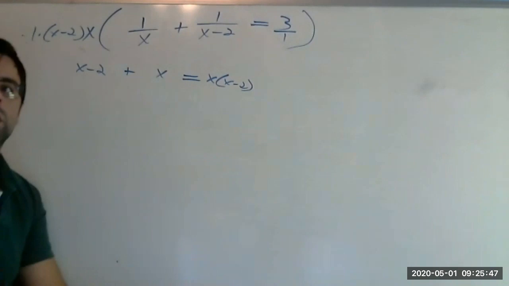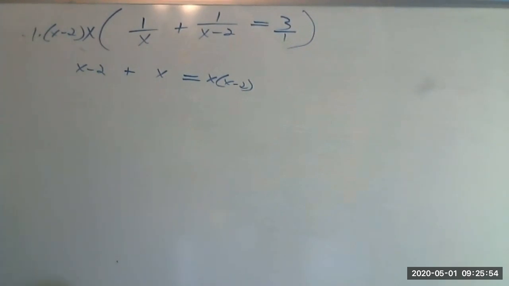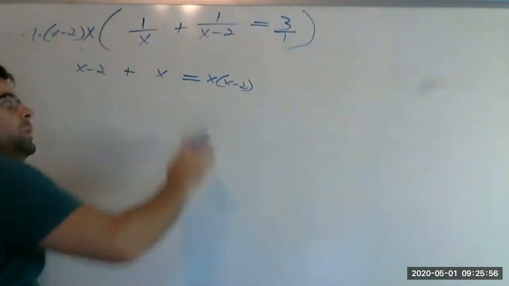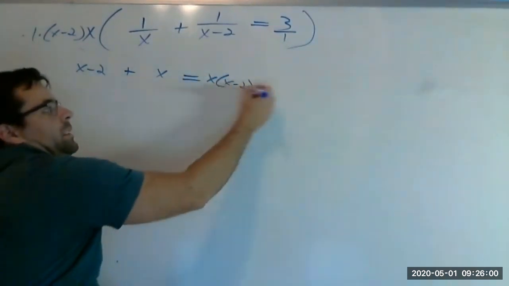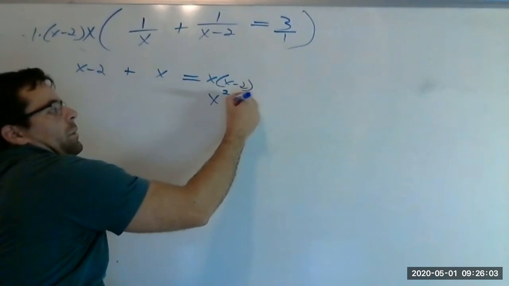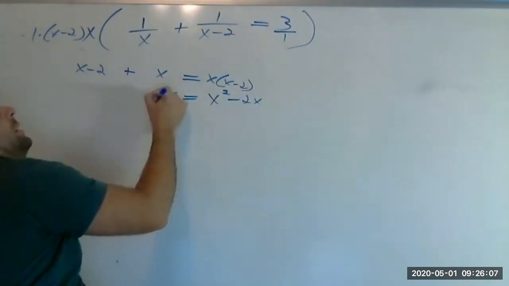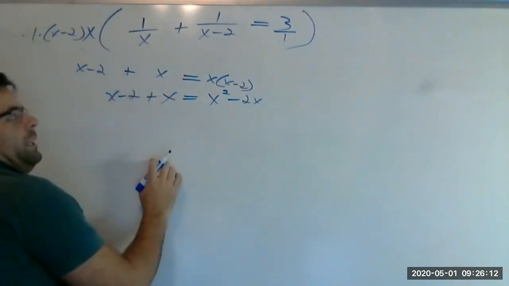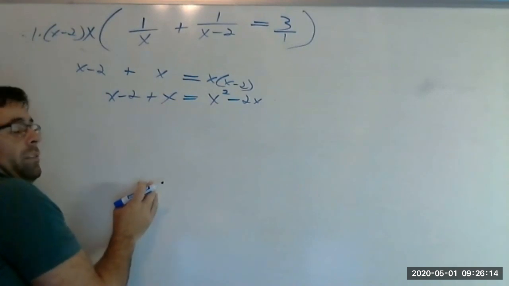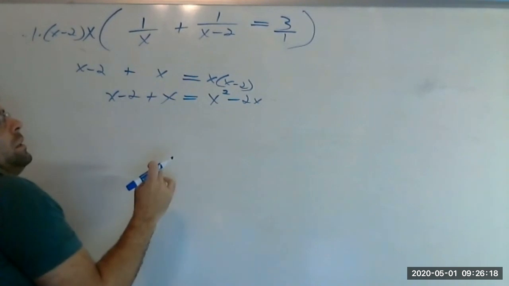Okay. So we have created a polynomial. So once we multiply this out, this is x squared minus 2x. And then you want to put everything on the same side. So we're going to pull everything over to here.